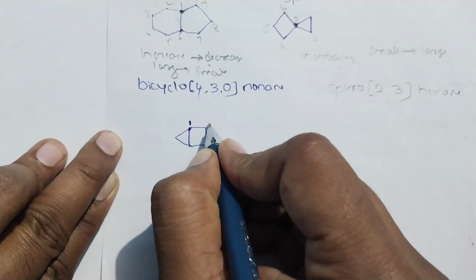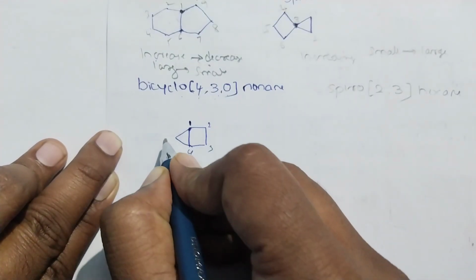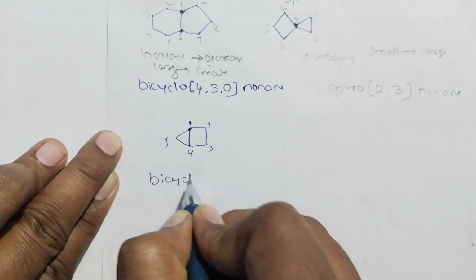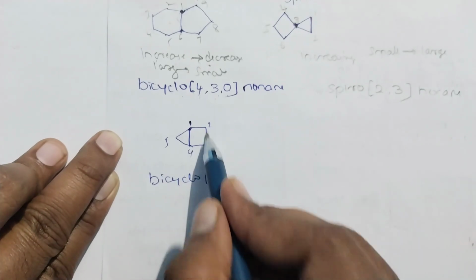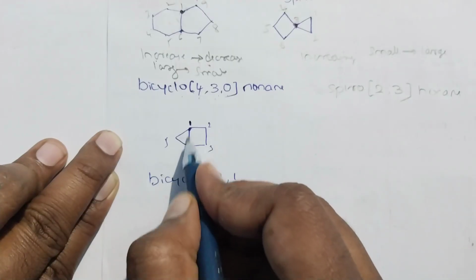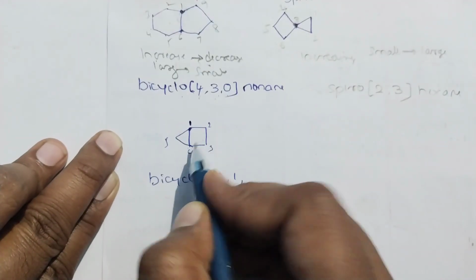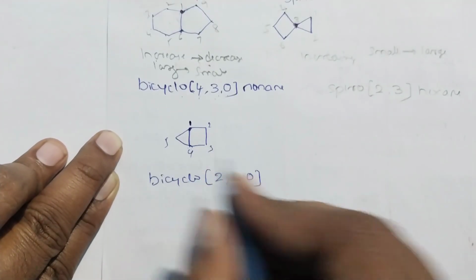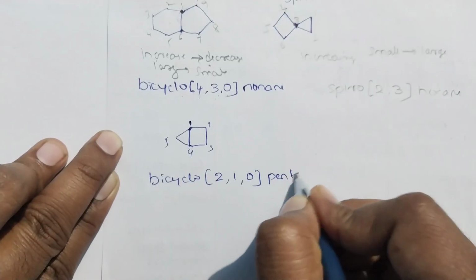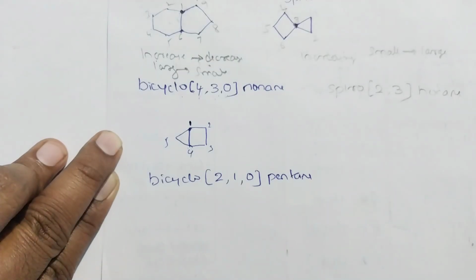This is 1, 2, 3, 4 and this is 5. Bicyclo is the prefix. Larger has 2, and here there is 1. There is no carbon atom in between 1 and this 4, hence it is 0. Total carbon atoms is 5, hence it is pentane. Okay, like this you have to give the name.